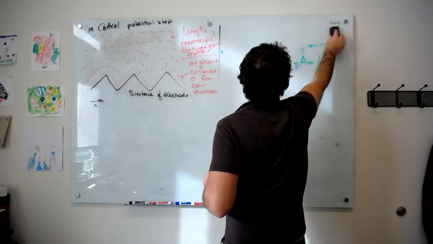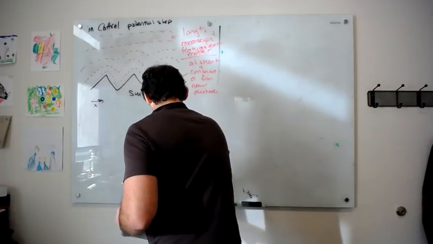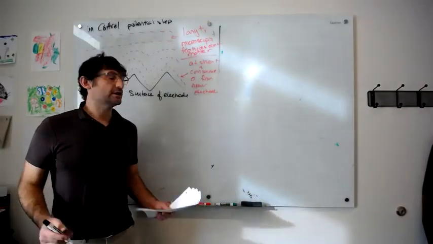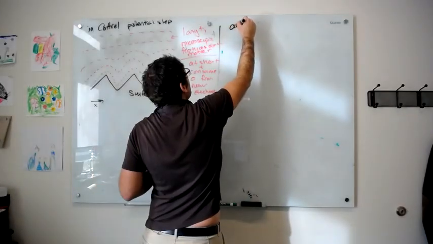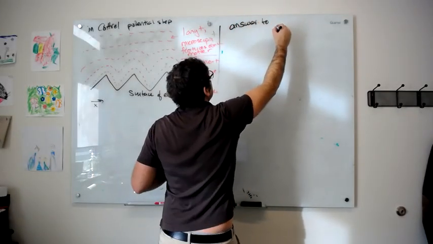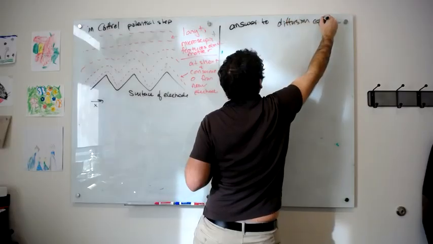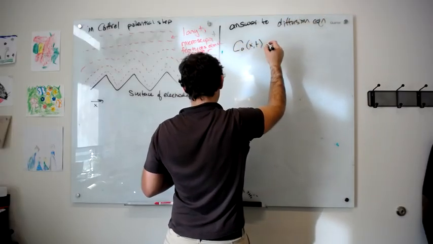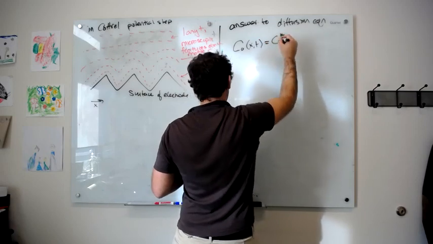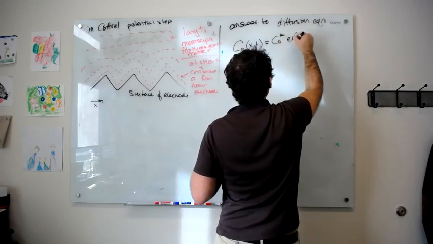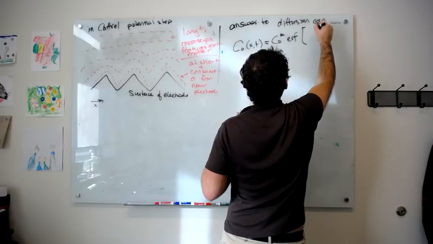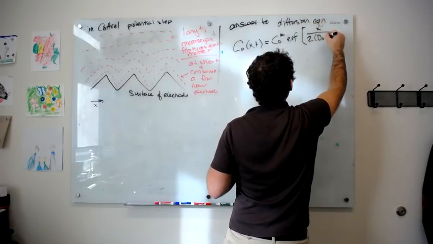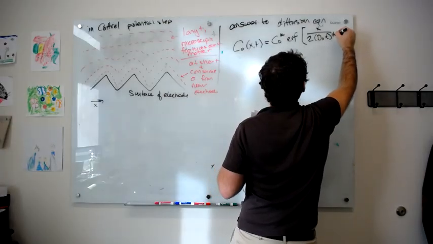If I had solved the differential equation, the diffusion equation, to get the concentration profile, I would have found the following: C_O(x,t) is equal to C_O star times the error function, I'll define that in a minute, of x over 2 (D_O t) to the 1/2.